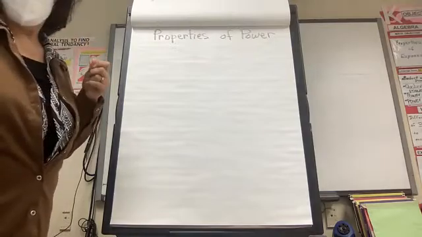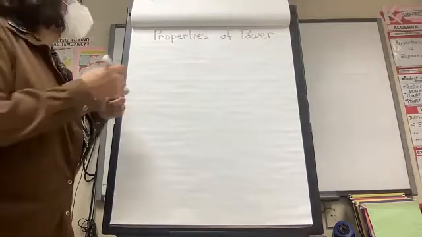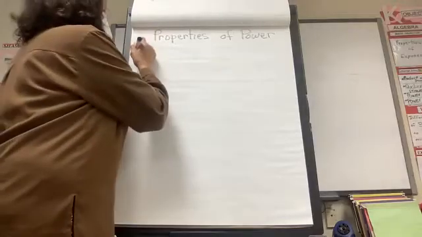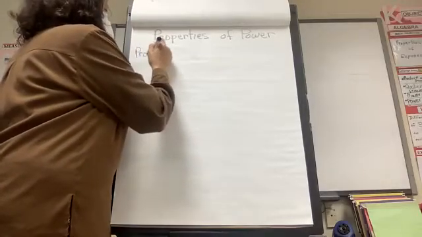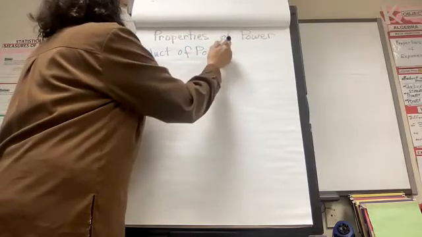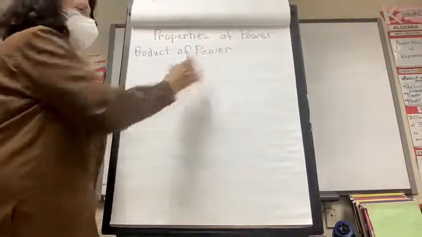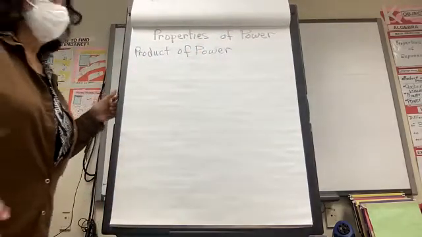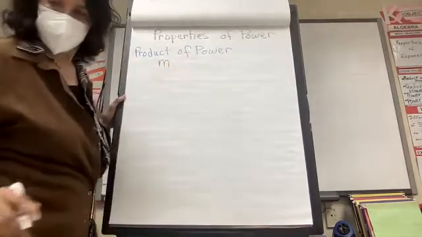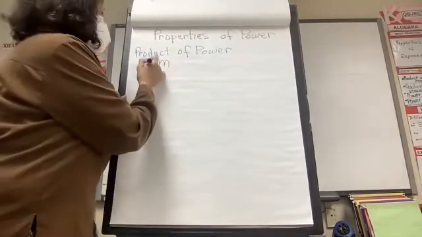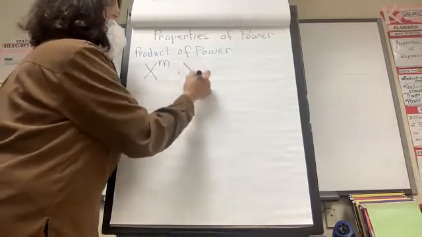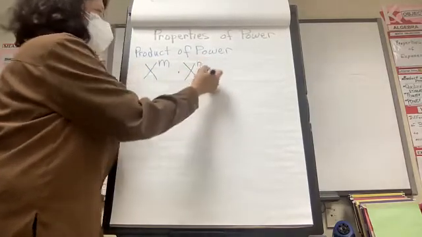So first, we're going to start with the product of powers. Now, product is the answer in a multiplication problem. So for example, say I gave you x to the power of m times x to the power of n.